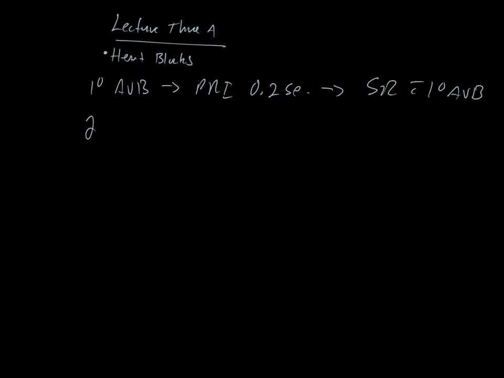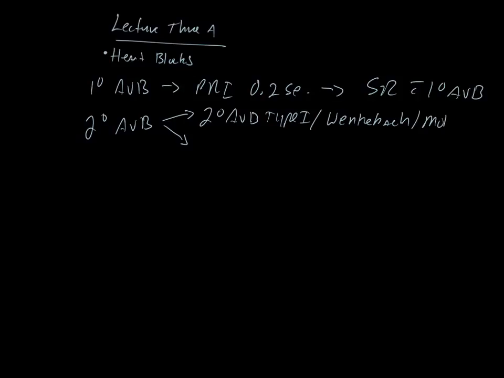All right, we have a second degree AV block, but how many flavors of that do we have? Two. You're going to need to know the terminology, so what's the first flavor? Second degree AV block, Wenckebach, or type 1, or Mobitz 1. All three things mean second degree type 1.